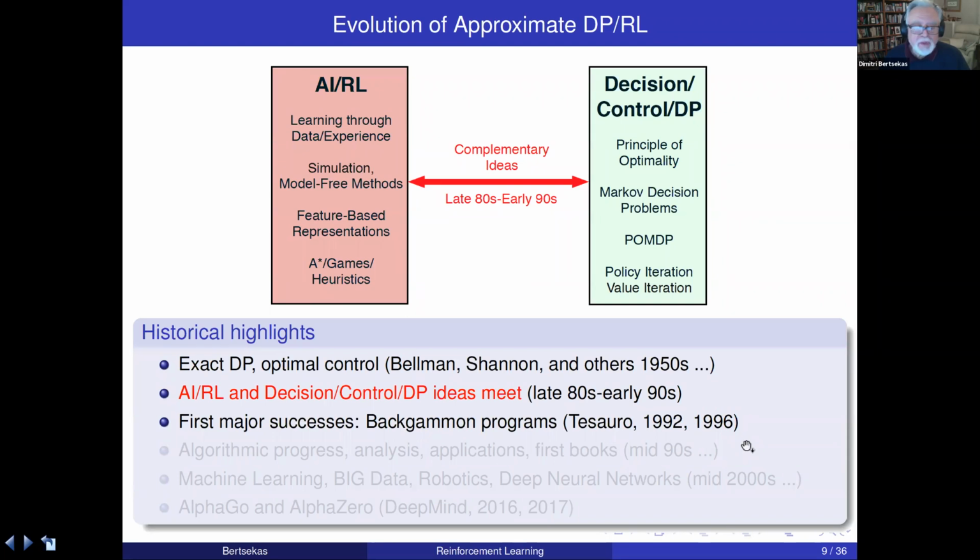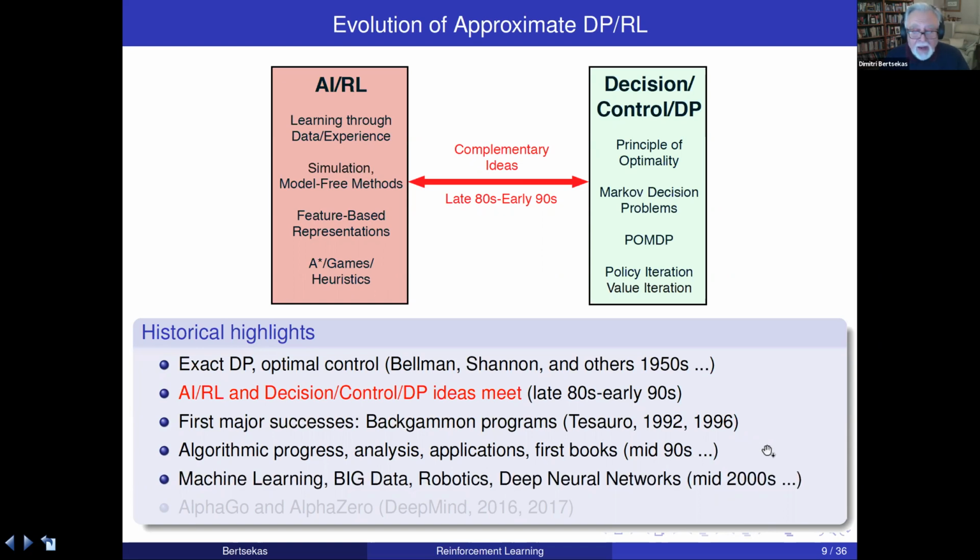Now, following Tesauro's work, there was further algorithmic progress, some analysis, more applications, and the first books came in the mid-90s. Then in the 2000s, there were some mega trends in technology.